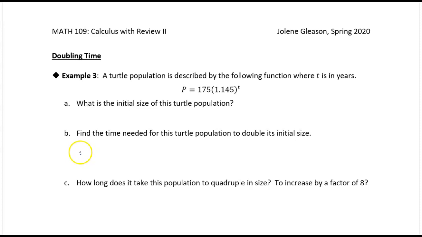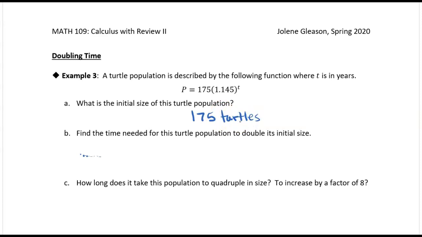So we have an initial size of 175 turtles. We can just read that right off there, because when t equals 0, 1.145 to the 0 is just 1.